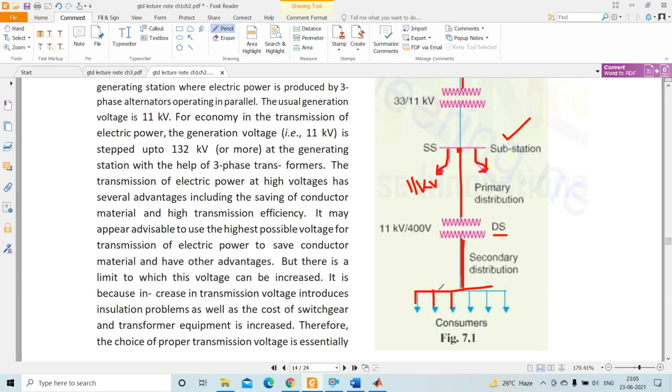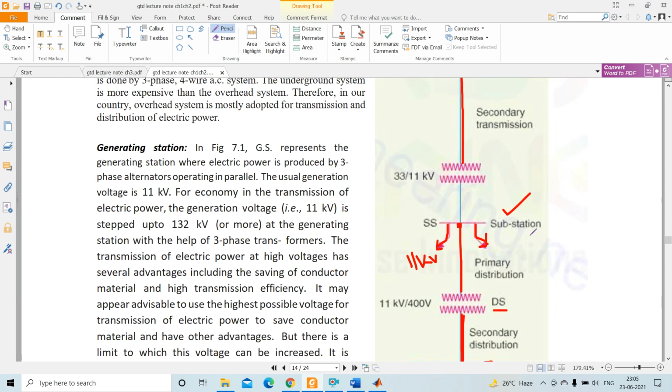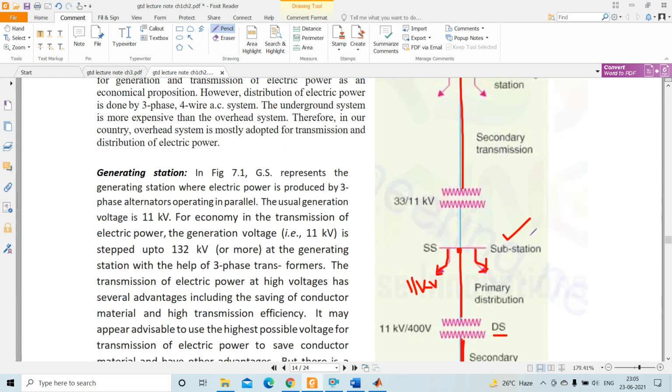This is the feeder, and this is the distributor, and from this distributor different lines are tapped and connected to the different consumers. So this is the complete layout of the transmission and distribution scheme described over here.